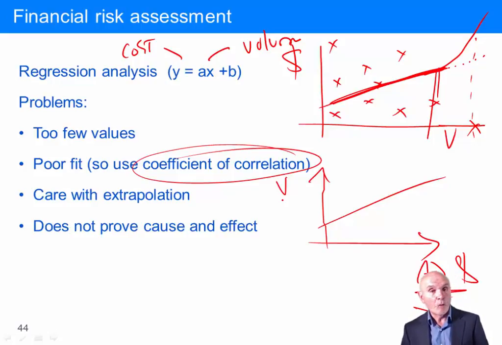The ads might be awful, and all that's happening here is maybe the economy is improving. So as the economy is improving, the volume being sold will probably increase anyway, and almost coincidentally, as maybe the profits of the company improve as the economy improves, we spend more on advertising. So we get what's called a spurious correlation going on.